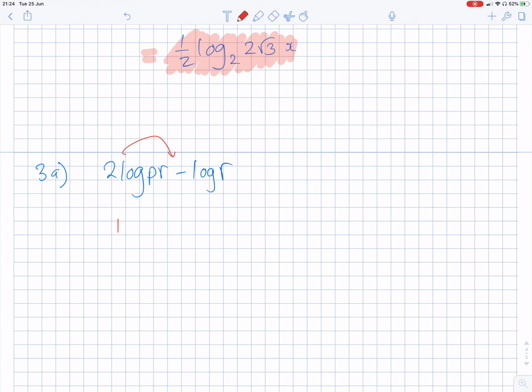So it becomes log PR squared minus log R.